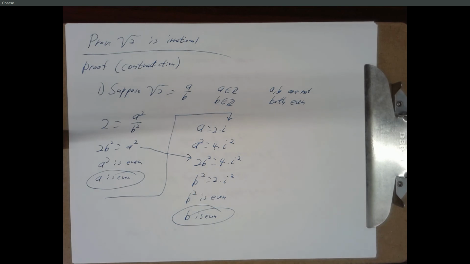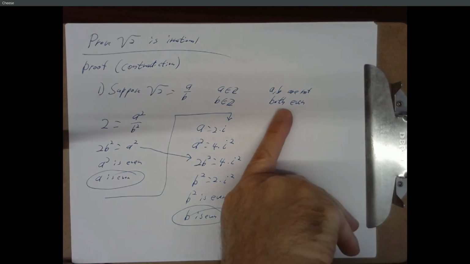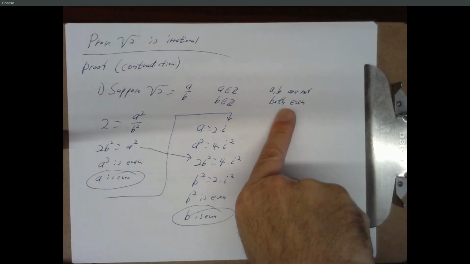And so if the square root of 2 can be written as a over b, a and b are both divisible by 2. Which means we can divide them by 2 and get smaller numbers a and b whose quotient is the square root of 2. And we go through this, and those are going to both be divisible by 2, and we can do this forever. In other words, we violated this original condition that a and b are not both even.